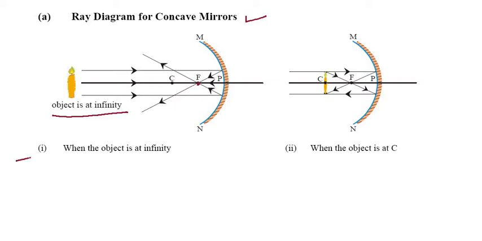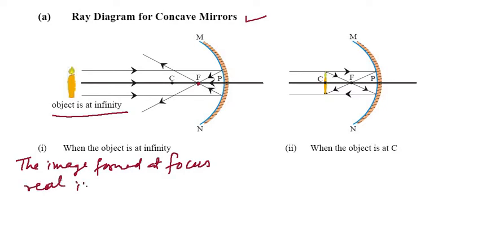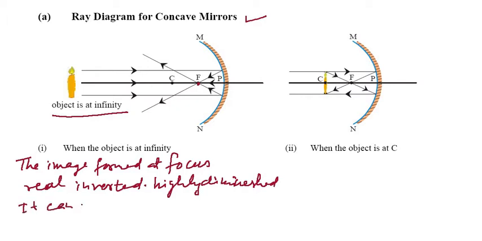So you can write here: the image is formed at focus, real, inverted, highly diminished. It can be obtained on the screen.